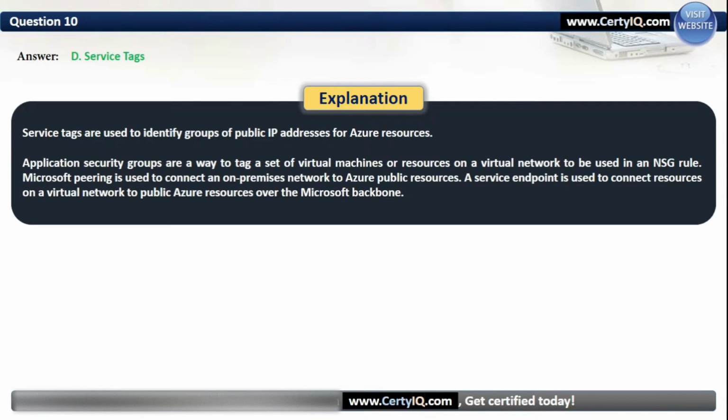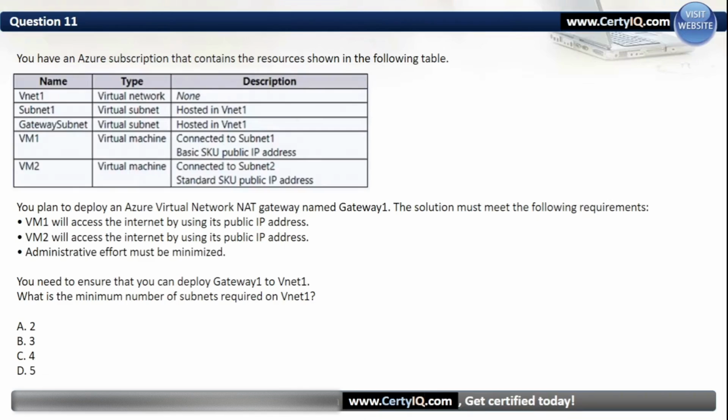Application security groups are a way to tag a set of virtual machines or resources on a virtual network to be used in an NSG rule. Microsoft peering is used to connect an on-premises network to Azure public resources. A service endpoint is used to connect resources on a virtual network to a public Azure resource over the Microsoft backbone.